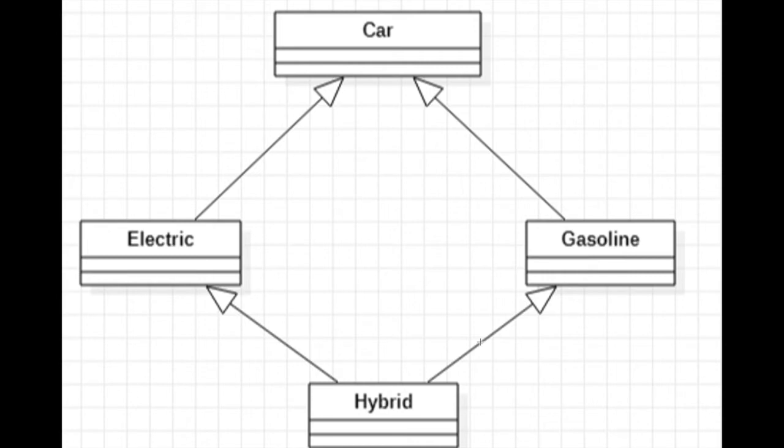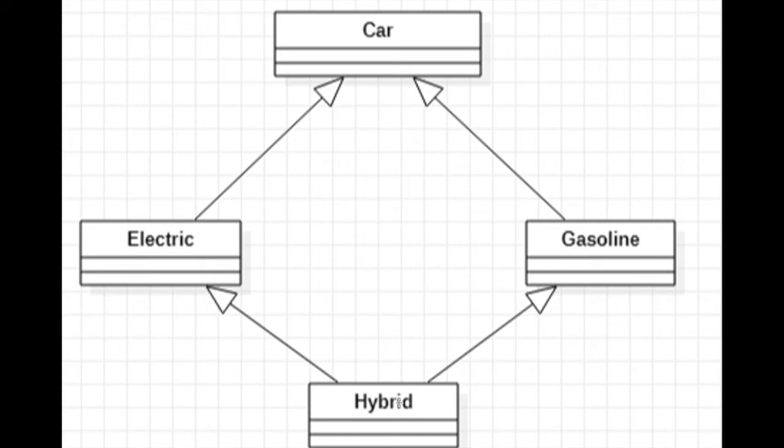So here you can see that we have one parent class which is called Car, and then we have two child classes. One is Electric and another one is Gasoline, and there is another common child class, which inherits both Electric and Gasoline classes, which is called Hybrid.